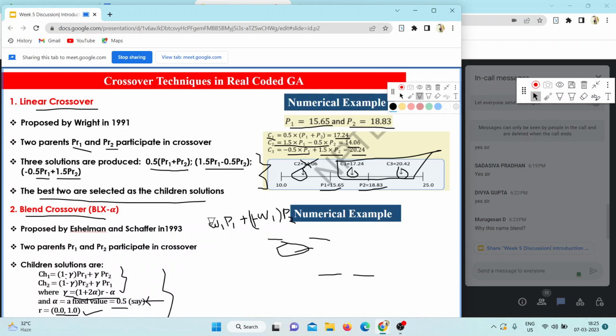Similarly for the other child, you just exchange this: you do W P2 and (1 minus W) P1. So you are blending two parents to get the children solution. I think this is the meaning of the name blend crossover. You can learn more in detail, but this is the reason for the name.